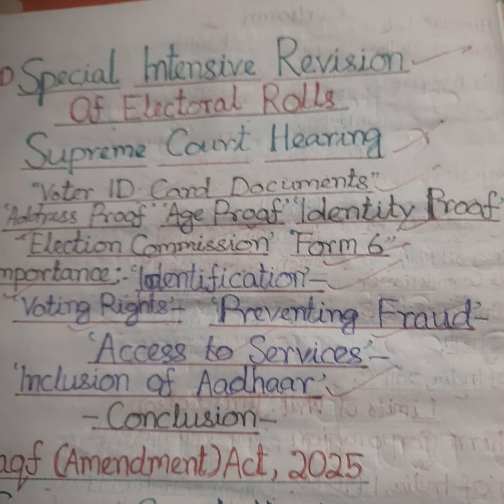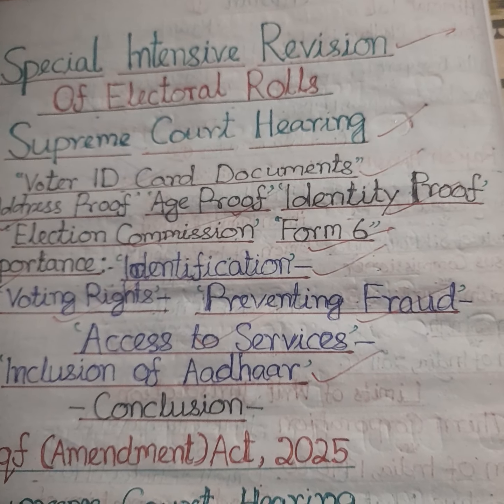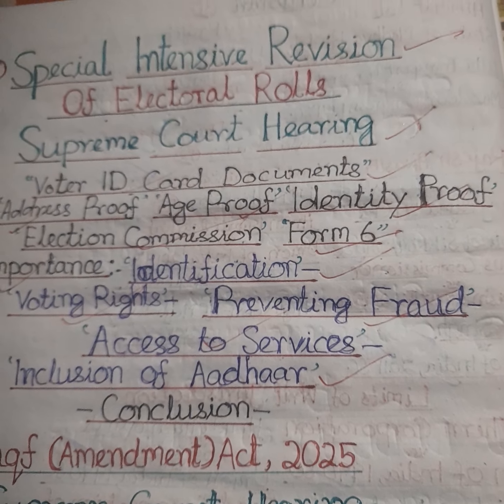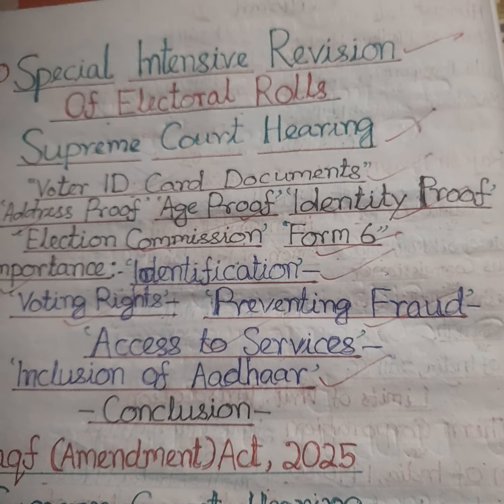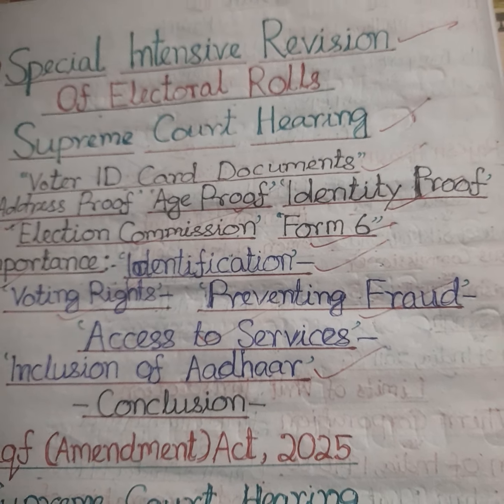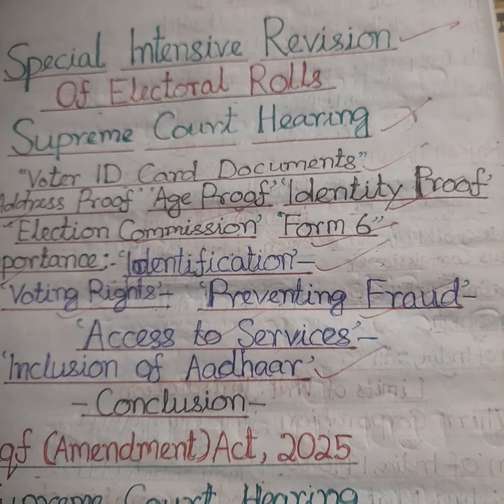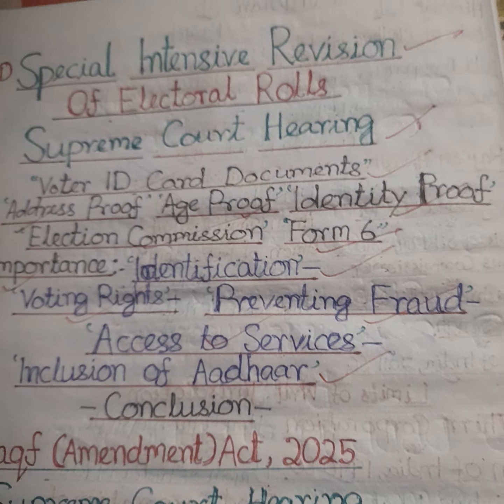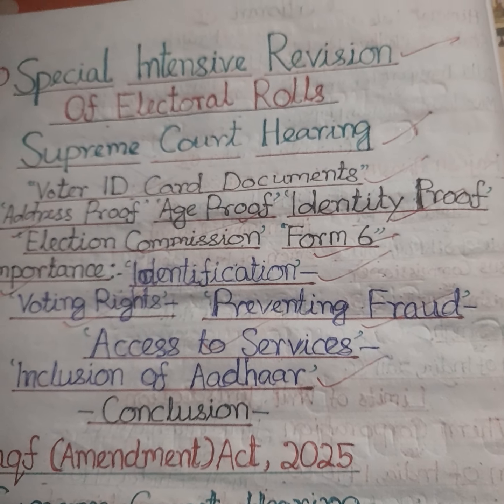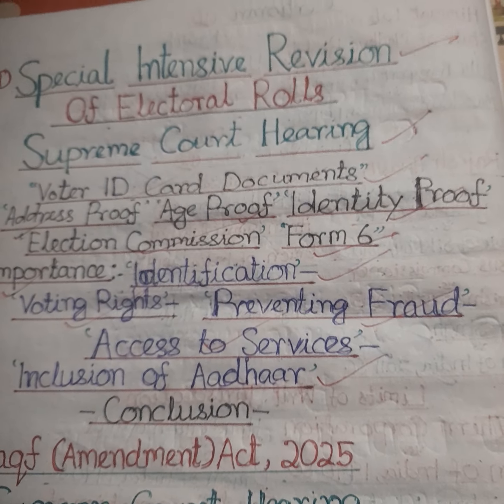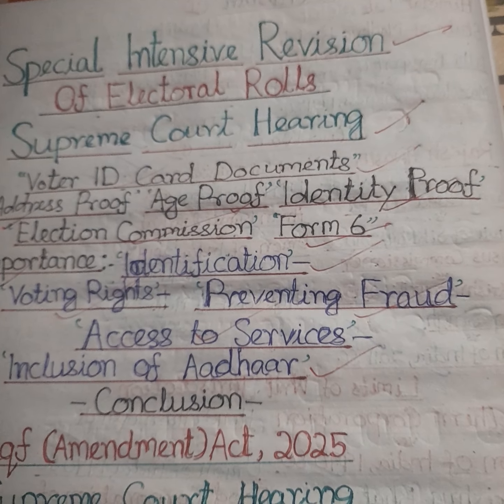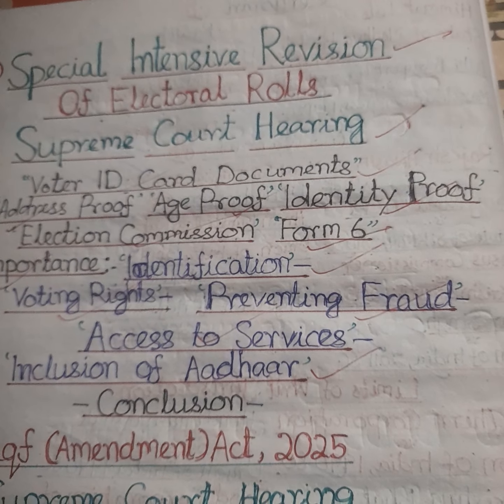The Election Commission, which was also represented by senior advocate Maninder Singh, told the bench that opposition parties have not been able to point out any serious lapse with regard to the 65 lakh exclusions on the triple counts of death, permanent migration, and dual enrollment.